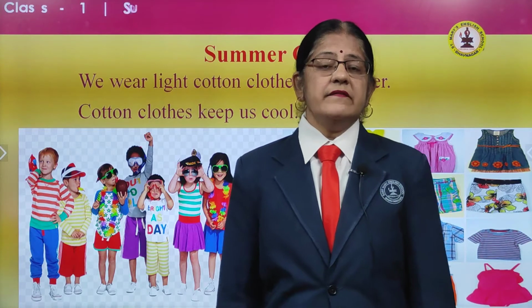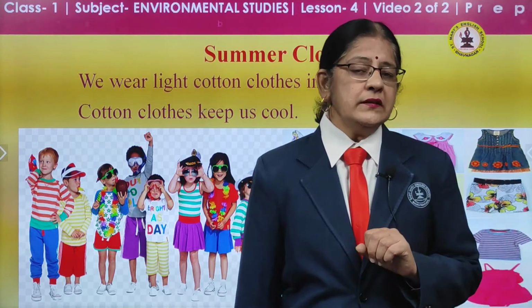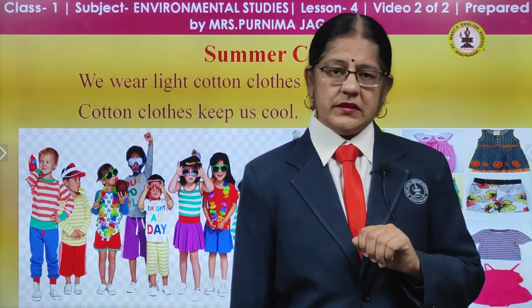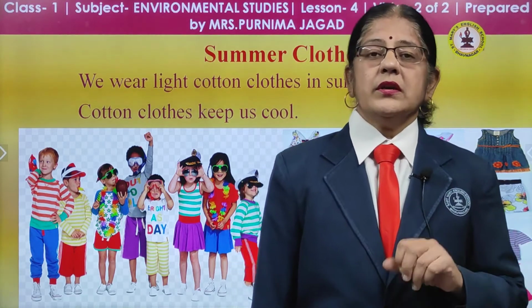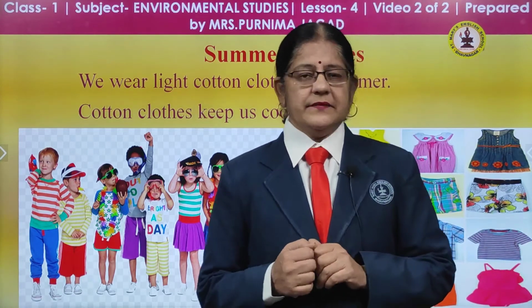Summer clothes. Now in summer season we wear light cotton clothes. We don't wear woolen clothes or thick clothes. We wear light cotton clothes because cotton clothes keep us cool. We can feel relaxed.